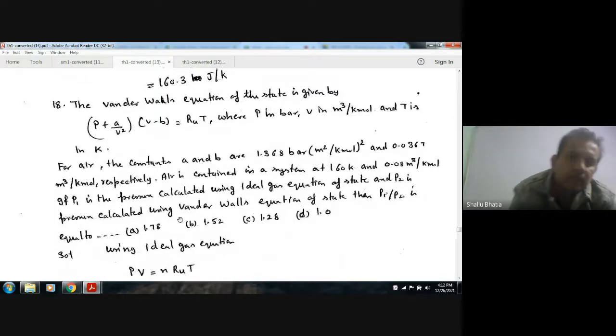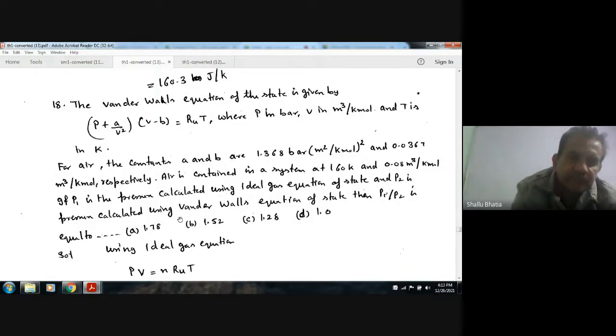Next, the van der Waals equation of state is given as (P plus a by V squared)(V minus b) equal to RuT, where P is in bar, V in meter cube per kilomole, and T is in Kelvin. For air, constants a and b are 1.368 bar meter to the sixth per kilomole squared and 0.0367 meter cube per kilomole respectively.